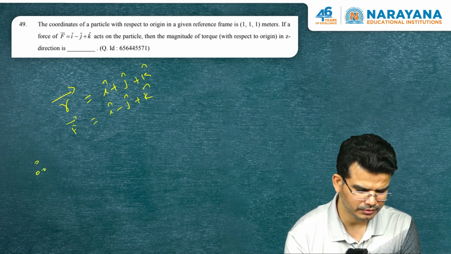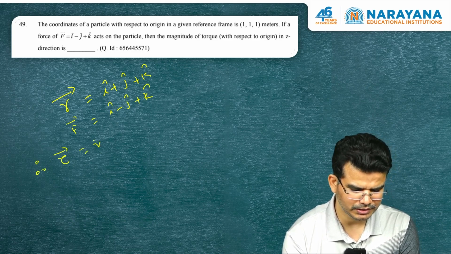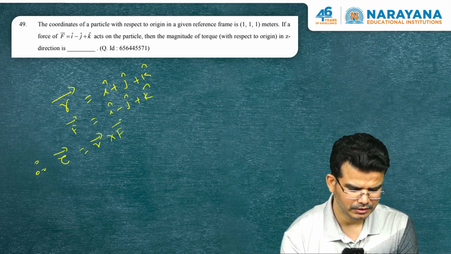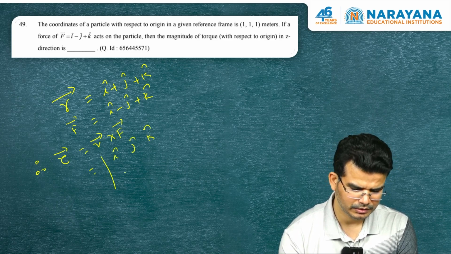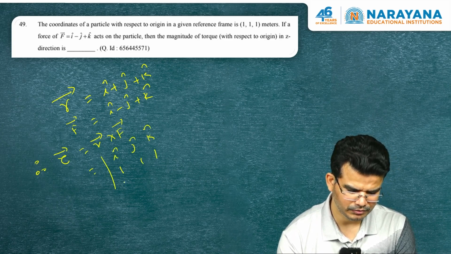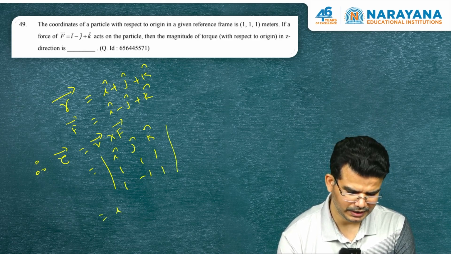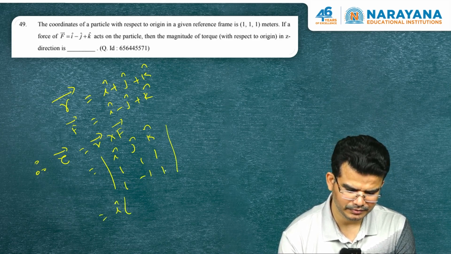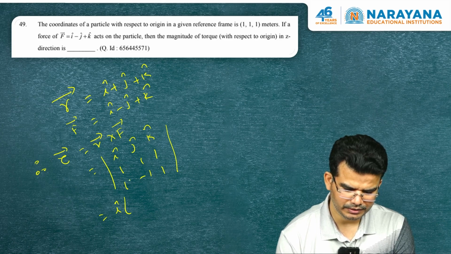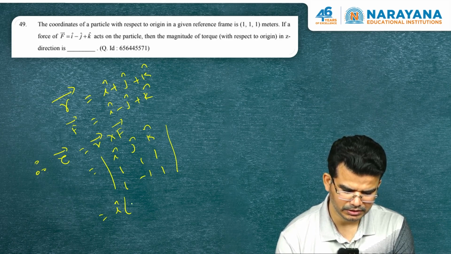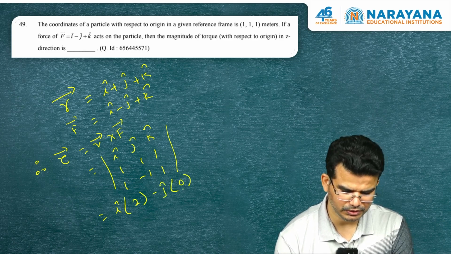Therefore, torque is R cross F, very simple. So, I have to do the determinant with i, j, k, 1, 1, 1, 1, minus 1, 1, correct? Solve this. So, i cap, here what will I get? 1 into 1, 1 into 1, so this will be 2 i cap. Minus j cap, 1 into 1 minus 1 into 1, this will be 0.